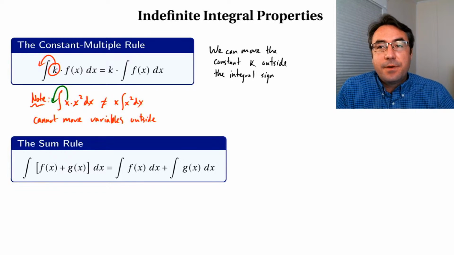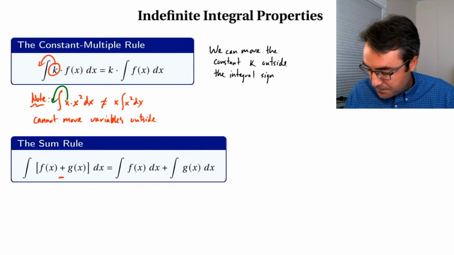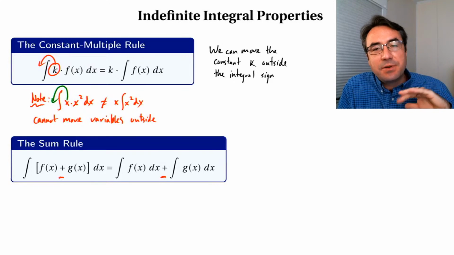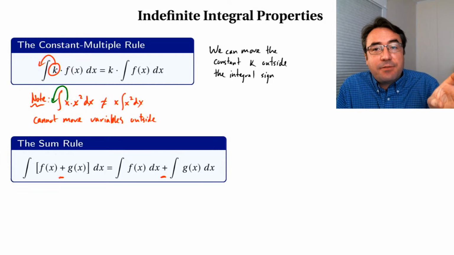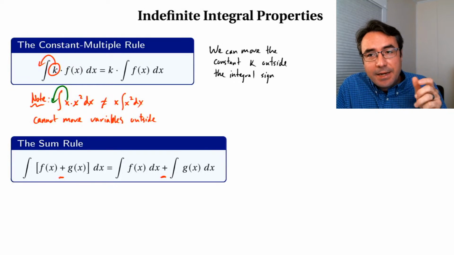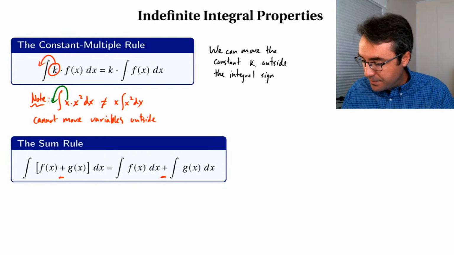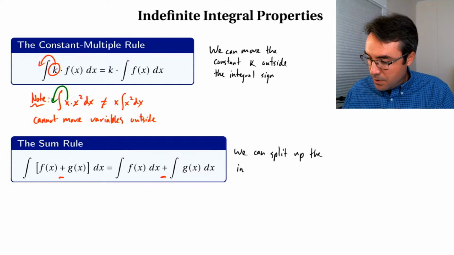And then we also have our sum rule, which also works if we had negatives. So if we had subtraction here. So basically the same rule. Sum, difference, however you want to call it. So if we have the integral of a function f plus a function g or minus, it's the integral of function f plus or minus the integral of function g. So really we can think of this as we can split up the integration wherever we have a plus or a minus sign.